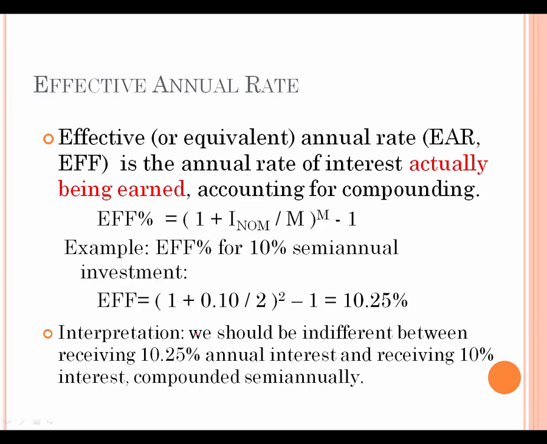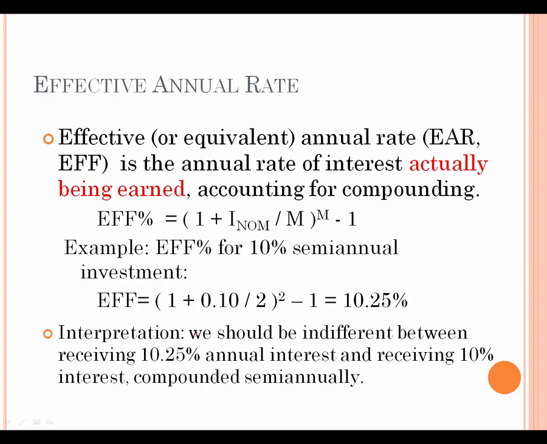That means the actual return we realize from more frequent compounding is actually higher than the nominal or stated annual interest rate that we are quoted, or say that's stated in our contract. So that's why we need to know what is the actual or the effective annual return from the more frequent compounding. The formula is given here.